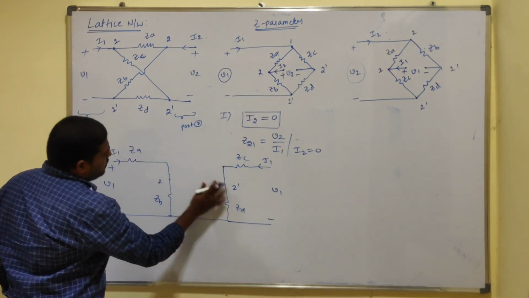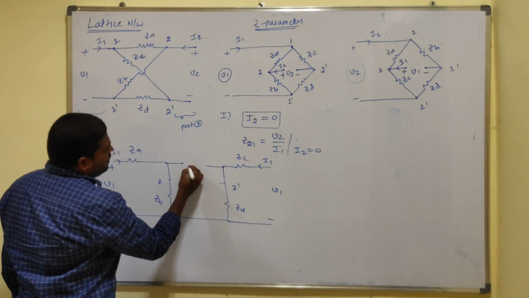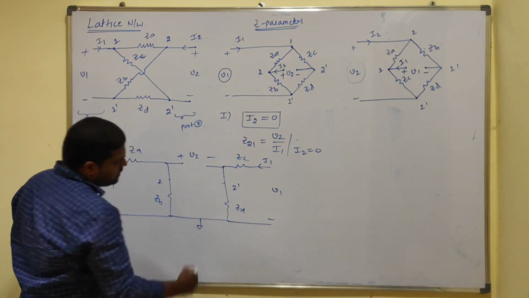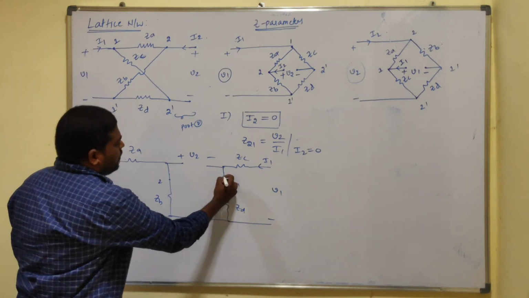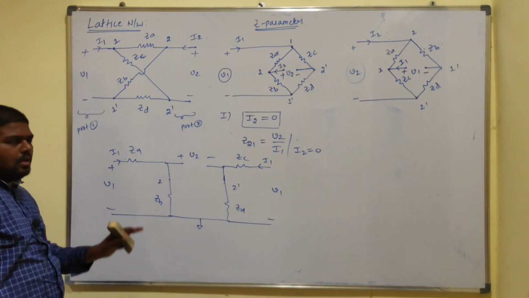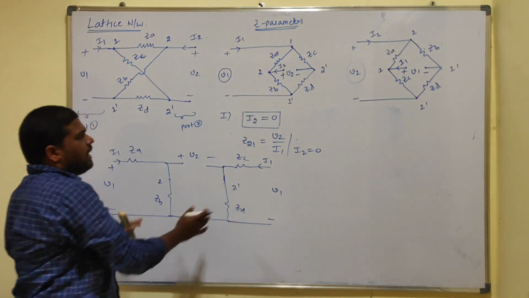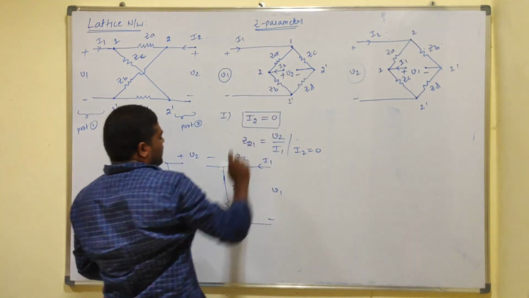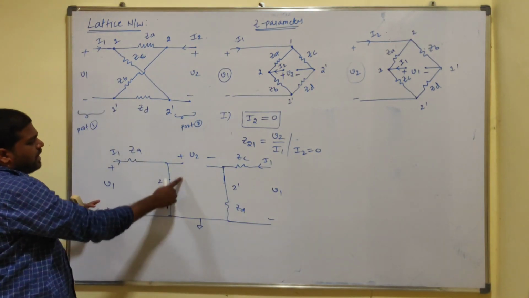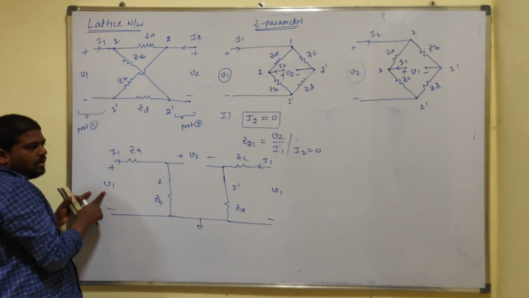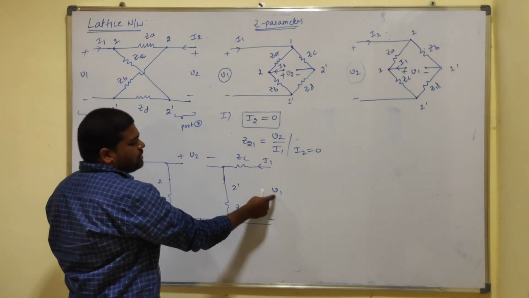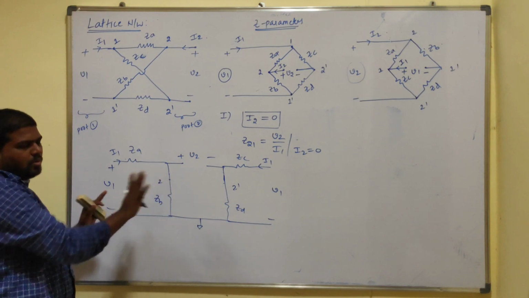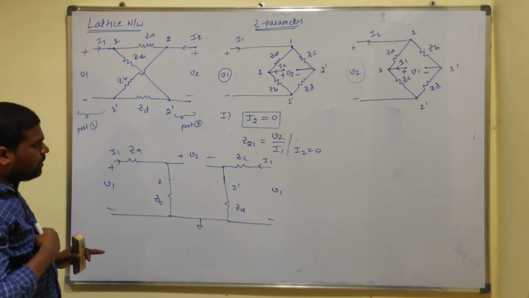Now this is plus or minus V2, this ground, right? Okay, this is clear. This entire circuit should be converted to look like this. Why? Because voltage drop V1 is applicable for both the branches. For this complete branch, voltage drop equals V1, so I can convert it into this model, right?